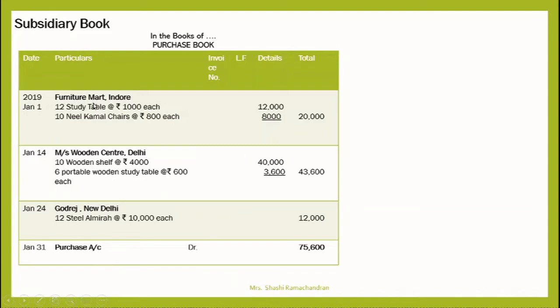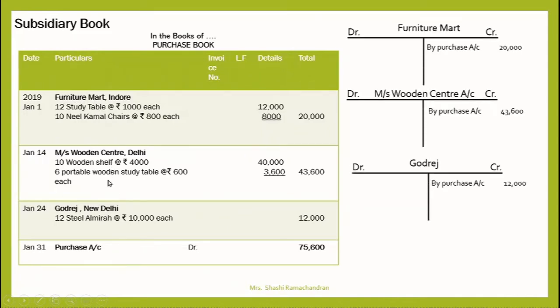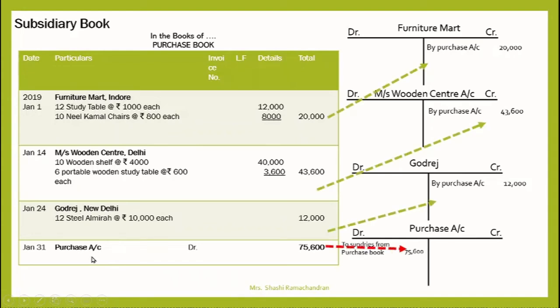There are three suppliers, so we make accounts of three suppliers, and these suppliers are to be credited with the amount. Then comes the purchase account, in which we post only the total of the purchase book. All the credit purchases are posted once as a total.